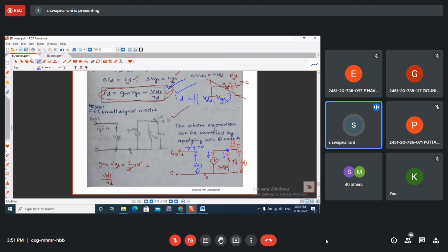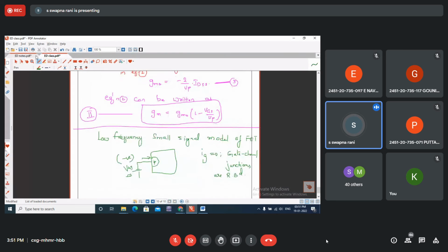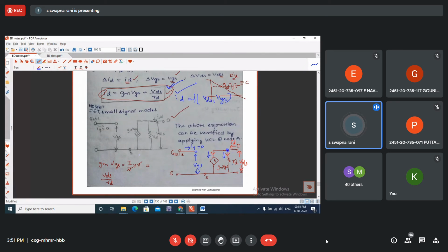So this is this model. What do you mean by model of FET? It means this is the circuit, and this circuit exactly behaves the same as the physical operation of JFET that we discussed in the previous classes.